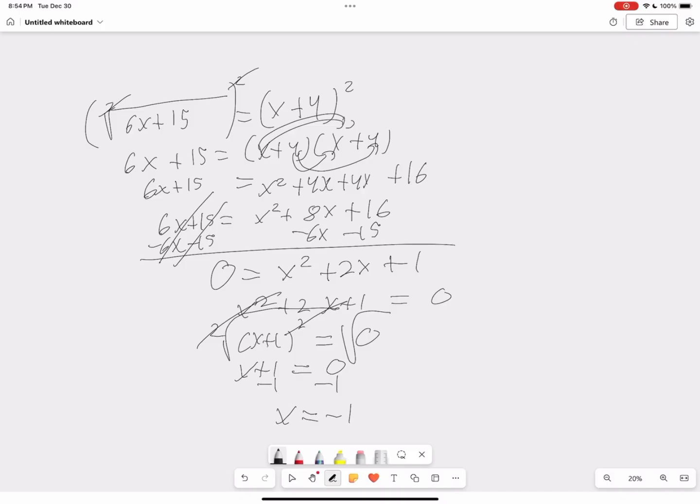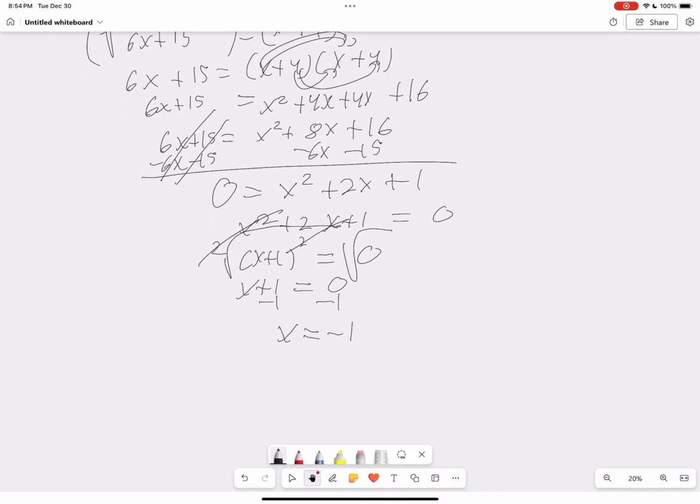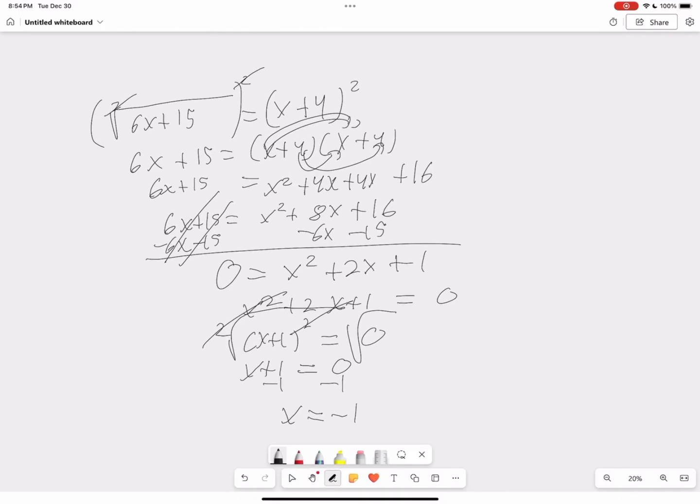And we're going to see if this even works. Our original equation was the square root of 6x plus 15 equals x plus 4.